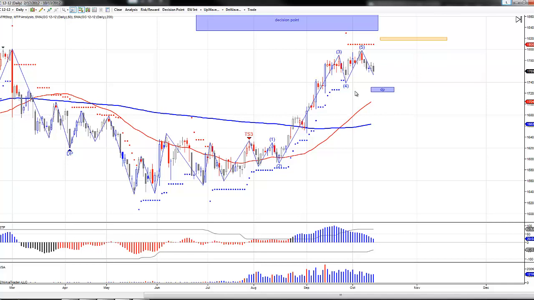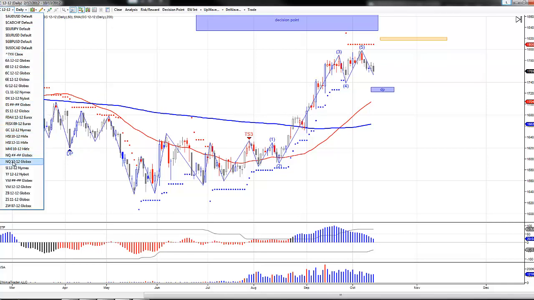So anyway, we'll see how this gets resolved here. Again, a nice pullback, maybe back to the 50 period or into this area, would be welcome, I think, for those looking to accumulate over the long term.